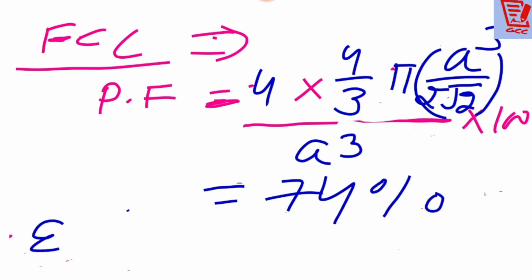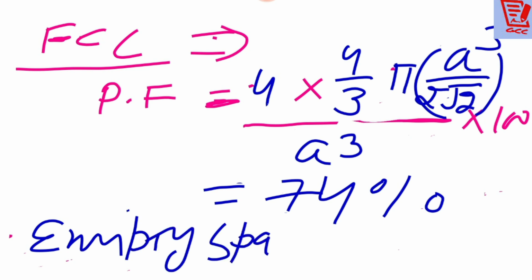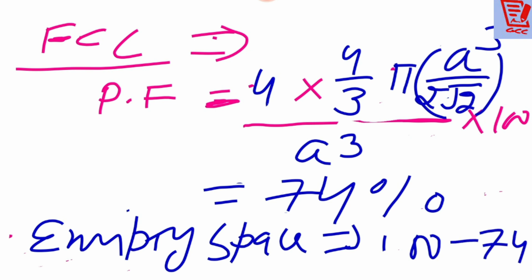And the empty space, how to find out? 100 minus 74, that is equal to 26%. I think it is clear to all of you. I hope you understood my point. But once again I will revise.